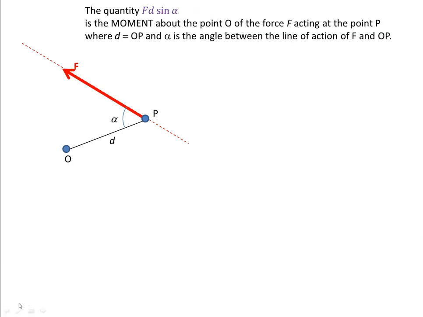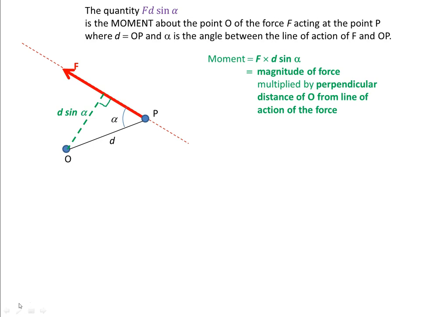Now it's worth looking at this quantity F D sine alpha in two different ways. We can, to begin with, say that F D sine alpha is the magnitude of the force multiplied by the perpendicular distance of O from the line of action of the force.